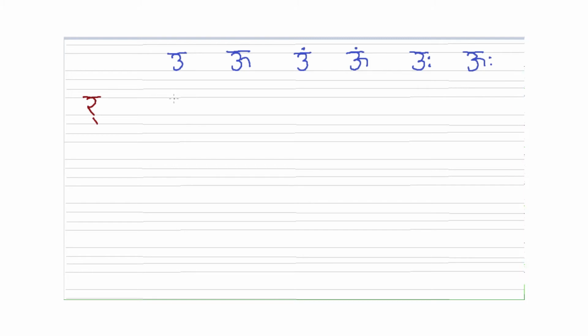So I'm going to do that first and then we will see the other modifications. So for ru alone, for u, it will be one curve at the belly. Then for ru, it will be a circle and a curve. That is ru.